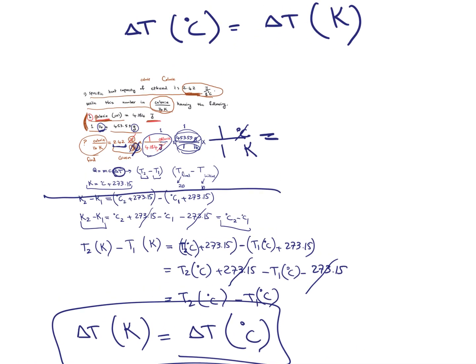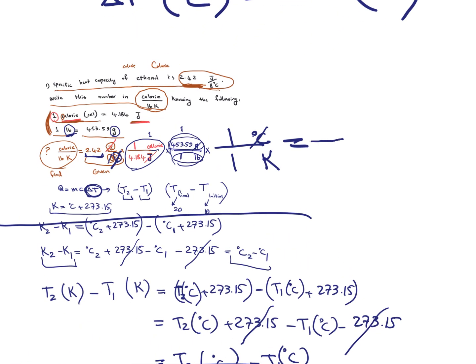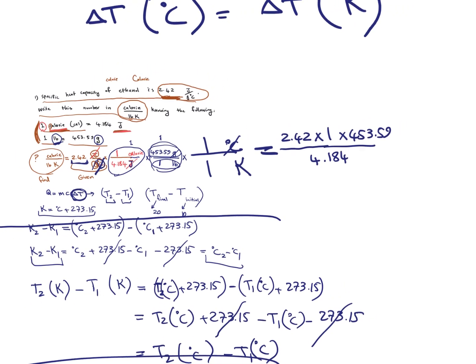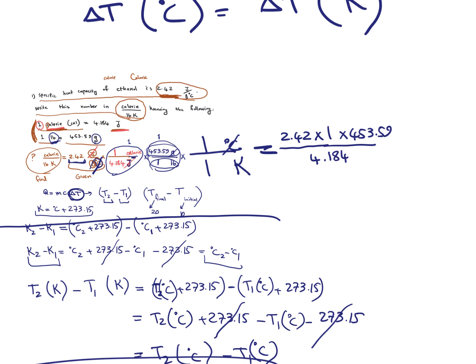So now that we know that, we just substitute the numbers. 2.42 multiplied by 1 multiplied by 453.59 divided by 4.184, and write the units as well. Everything canceled out. We have only calorie divided by pound multiplied by Kelvin, right?